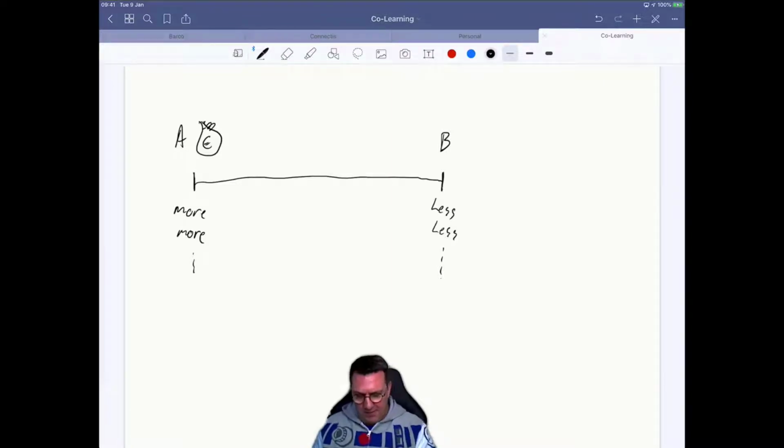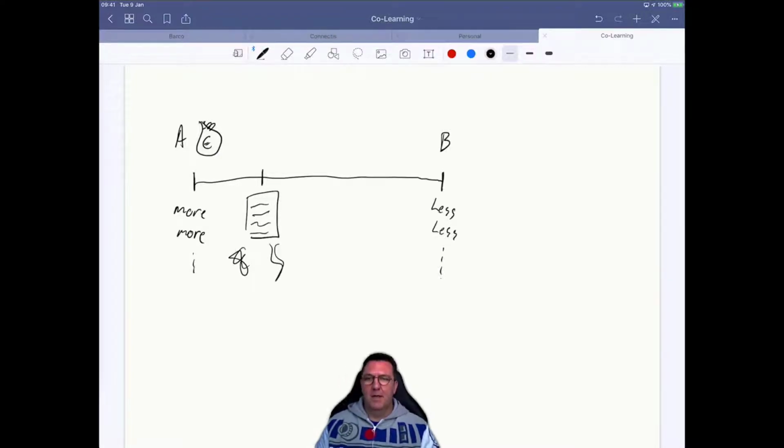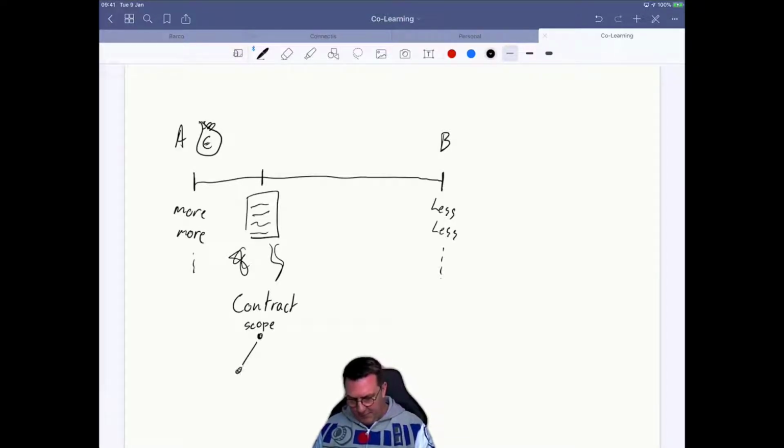Now, at a certain moment in time, let's say for the sake of simplicity, we put it here, they put it on paper and they sign it off. So, we generally call this a contract. And in a contract, we have some kind of scope that you put on a certain time frame, and that is connected to a certain amount of money. So this is where we get to.